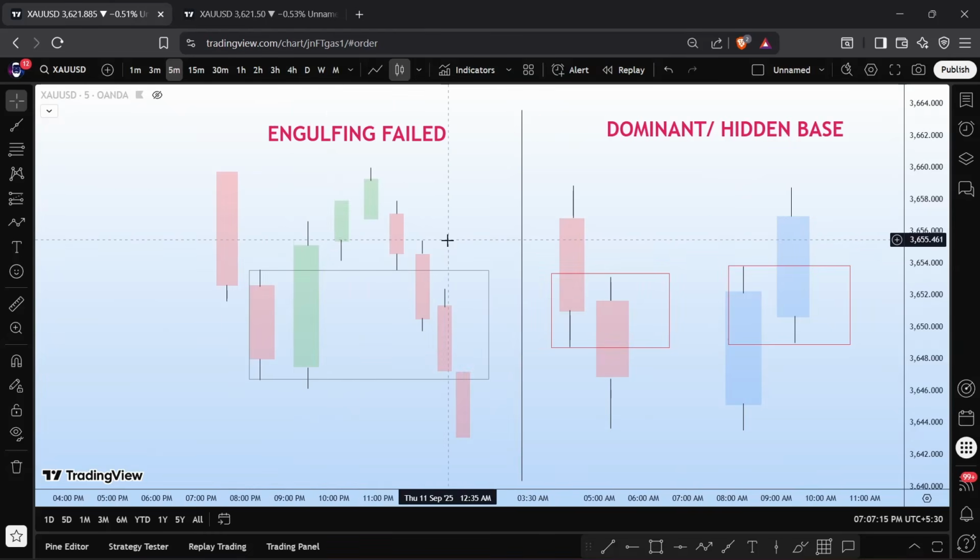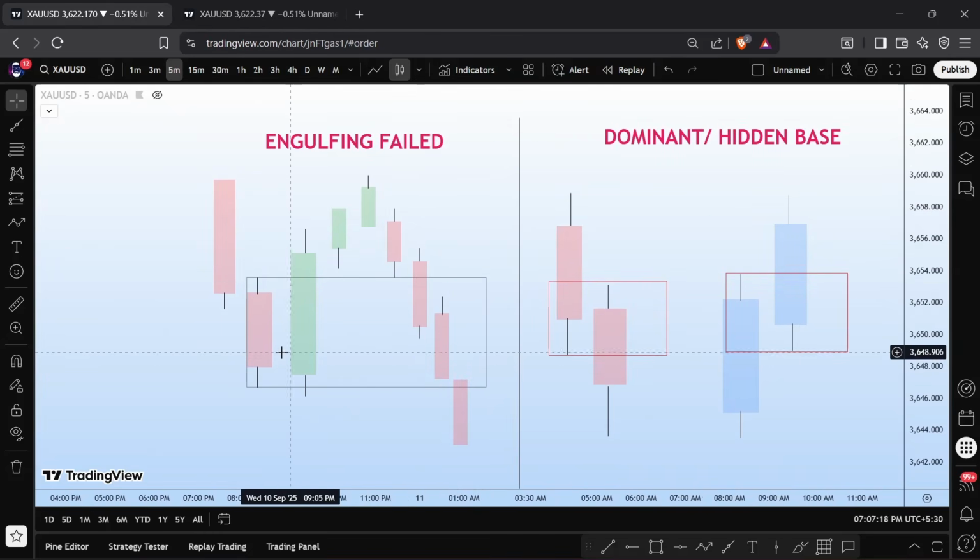In this example, we had the engulfing buy that held price and pushed price higher, right? So when we come back to the zone, we usually expect the market to go higher. But what happens is price broke it.